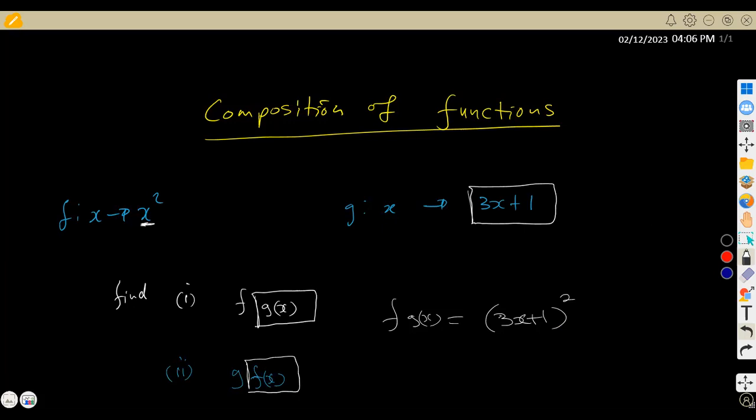So this was our g of x, so our g of f of x is going to be equal to 3, and in place of x we substitute with f of x, and our f of x is equal to x squared. So it is going to be 3x squared plus 1. There was going to be a bracket, but as you can see, there is no need for us to have a bracket there. So that's how you combine functions, okay?